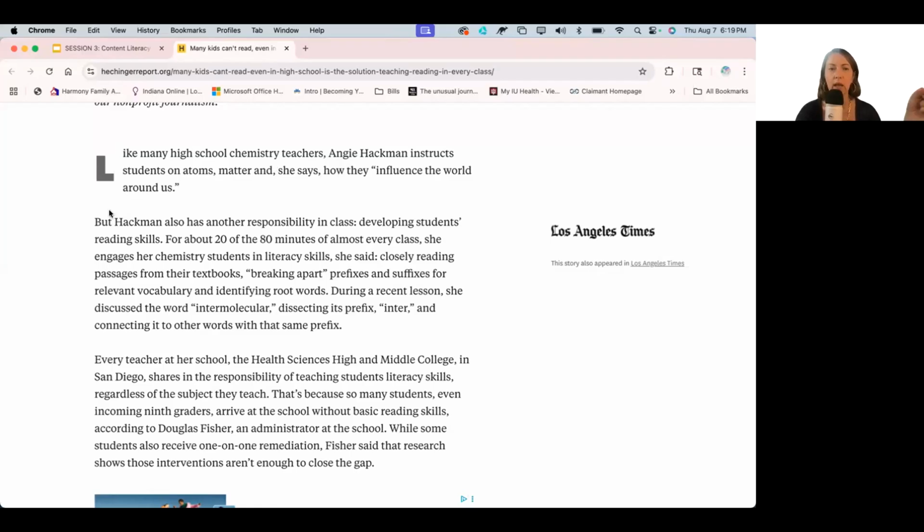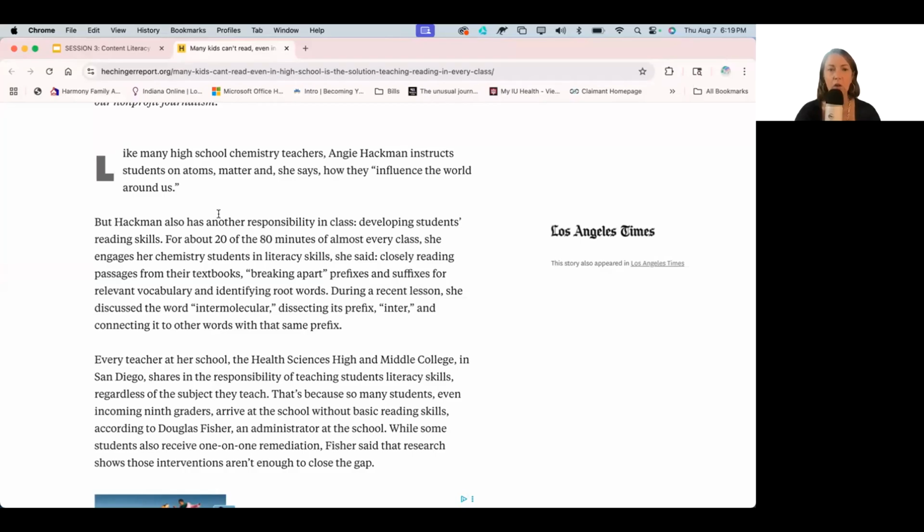Let's keep reading. But Hackman also has another responsibility, multi-syllable word. Let's all practice together. Responsibility. Let's go together. Responsibility. In class, developing students' reading skills for about 20 of the 80 minutes of almost every class. She engages her, there's that word again, let's all say it together, chemistry students in literacy skills.